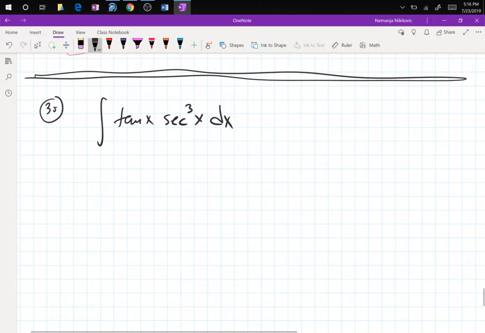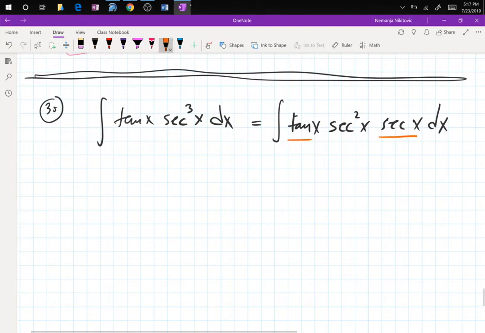So we split one of the secants. Tangent x secant squared x secant x dx. Why do we split one? And how do we use sub immediately? Well, the derivative of secant is secant tangent. So all of this is going to be du.